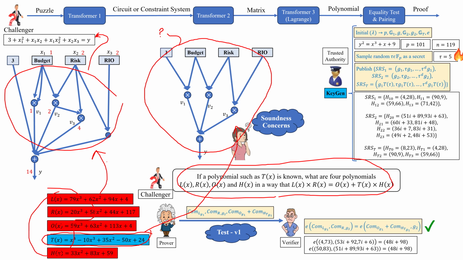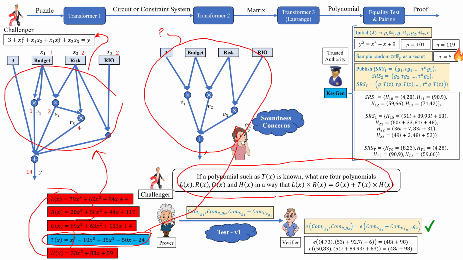In the previous lecture, the puzzle was this. A polynomial like T of x is public. Who knows four polynomials L, R, O, and H that satisfy this equation? So the puzzle just asked the prover to prove that he knows four polynomials that satisfy this equation.